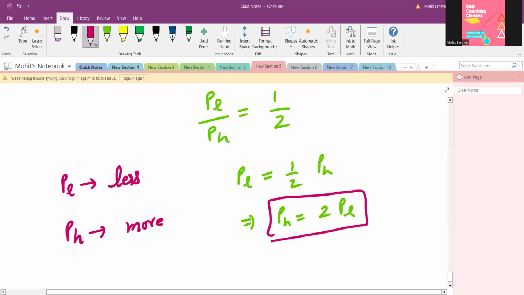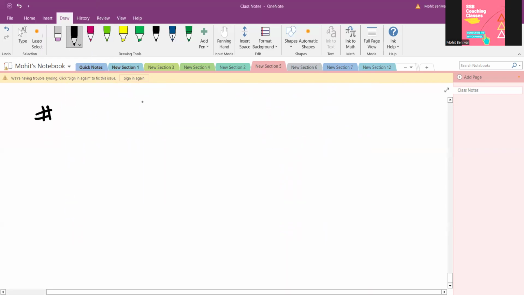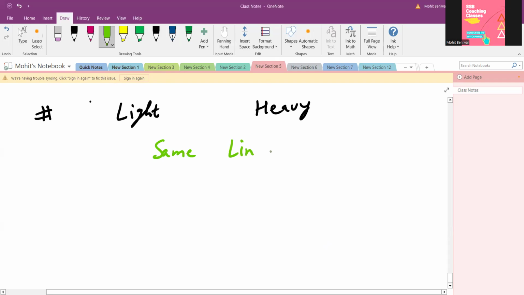Now one more change can be made. Again we are having the same light object as well as heavy object, but this time linear momentum is the same.